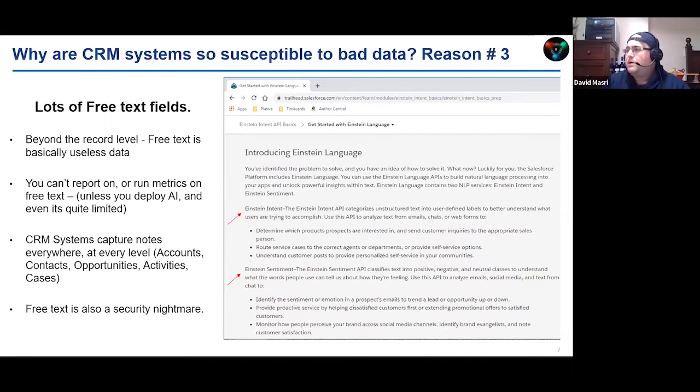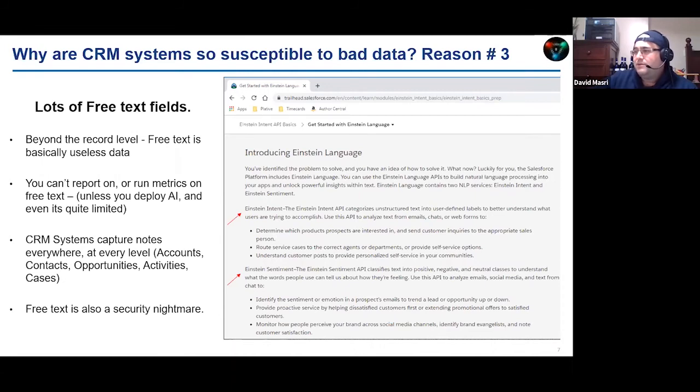If you look at Einstein Language, it's somewhat limited, where it does things like sentiment analysis or classification. So I can have it read my notes data and say this customer is angry or this customer is happy. But again, that's not the same thing as having a series of pick lists where you classify it. And a lot of that stuff is just lost, right?